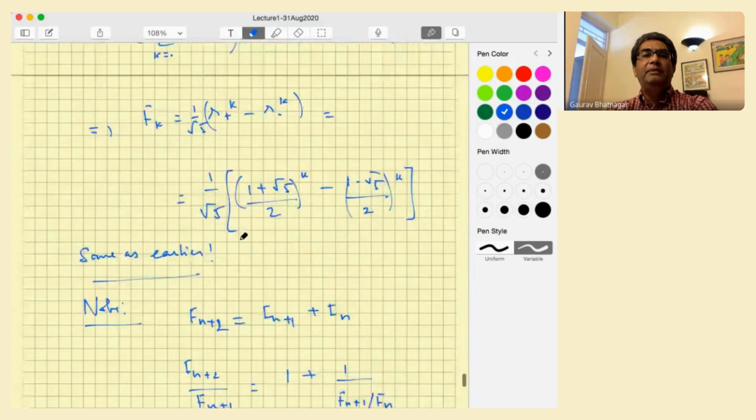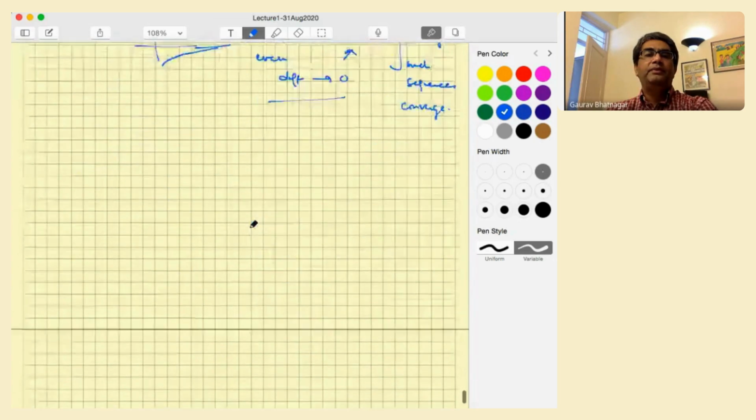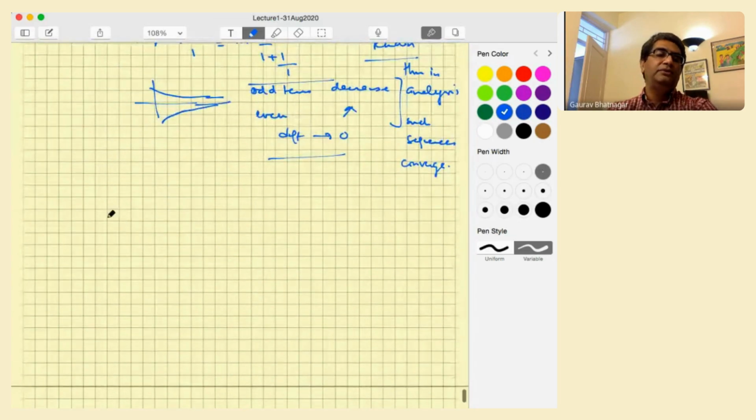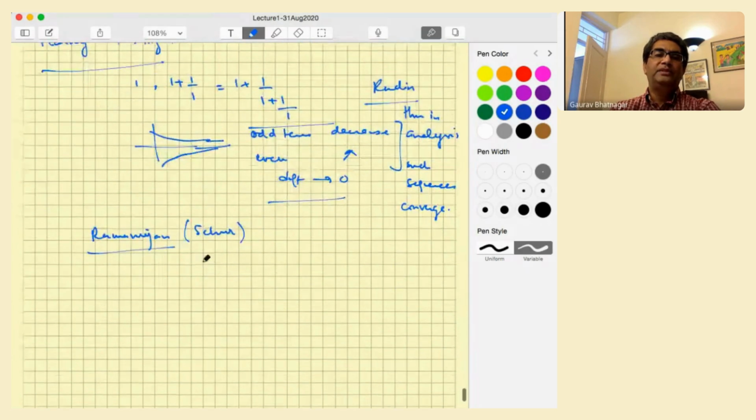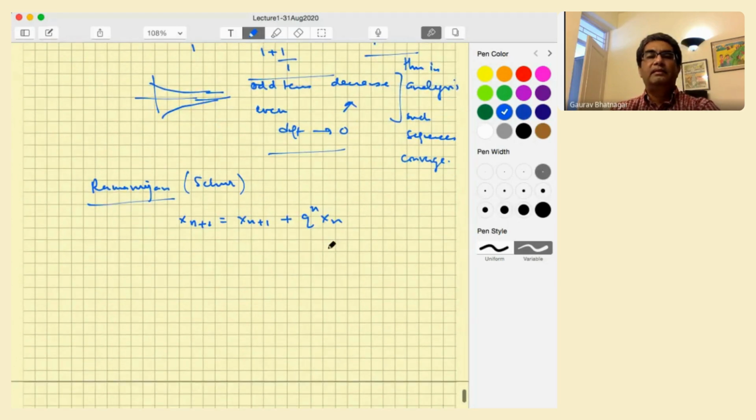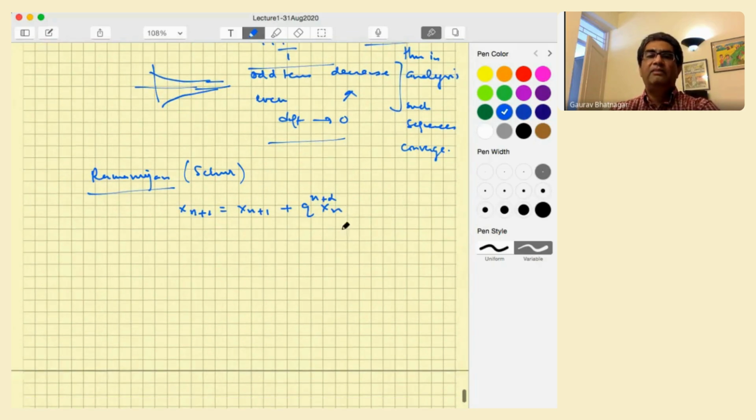And finally, let me make a comment: what did Ramanujan do? And many others, especially Schur, they looked at a sequence x n plus 2 equal to something like this. It could be q to the n plus 1 there from alpha.